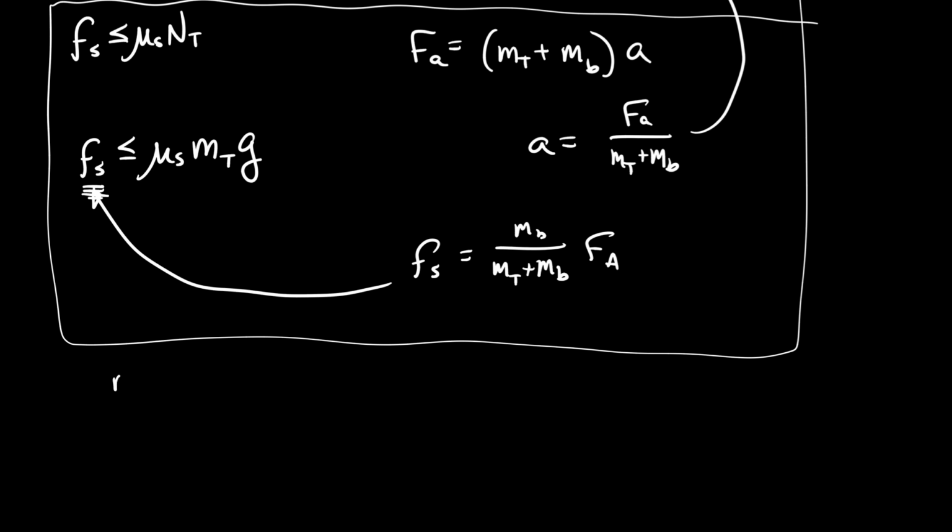If you want to know what the answer is, it's going to involve this. I think you can solve this for the applied force, because that would be the answer. It would tell you that the applied force will have to stay less than whatever that garbage is on the right. And there's a lot of it.